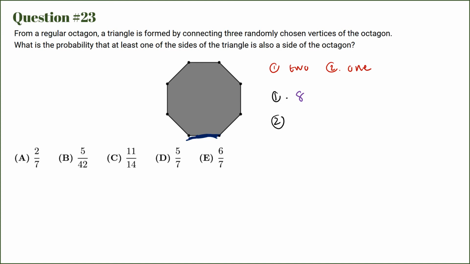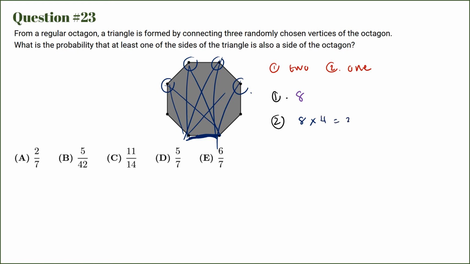For that, you can choose any of the other 4 points on this octagon to be part of the triangle, and they all create different triangles. So there are 8 possible bases, first of all, and then there are 4 possible points to go to after you choose a base. So 8 times 4 equals 32. So then the total number of cases would be 40, where that works.